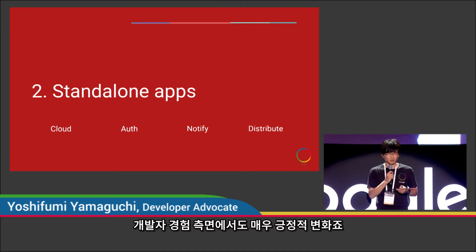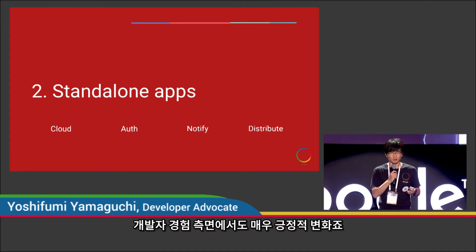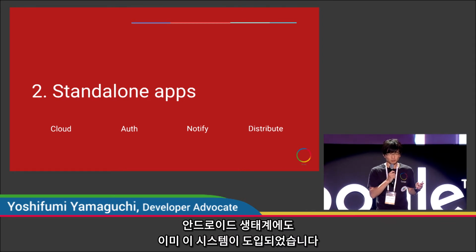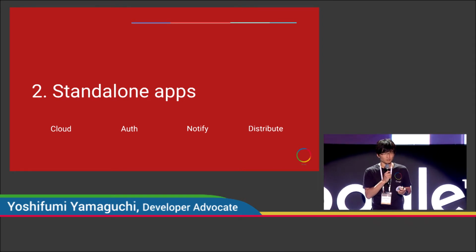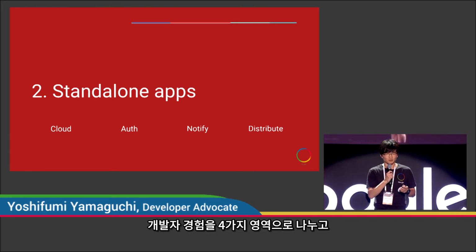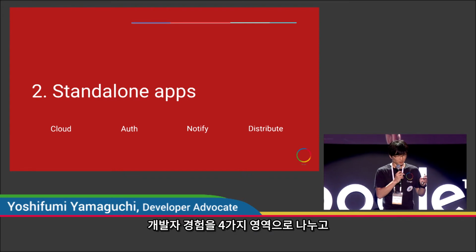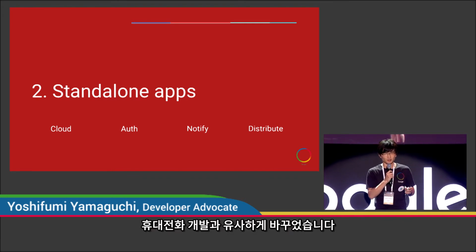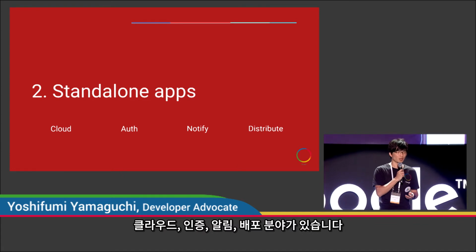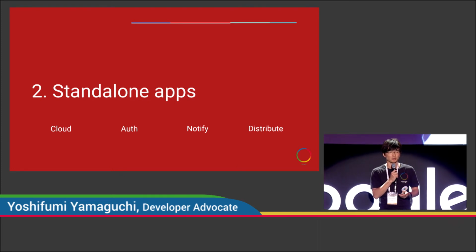It's a hugely positive change for the developer experience as well, and the Android ecosystem knows how to do this. So we are going to make four parts of the development experience much more like developing for the phone: cloud, authentication, notifications, and distribution.